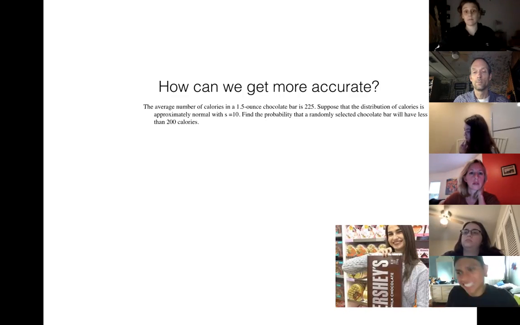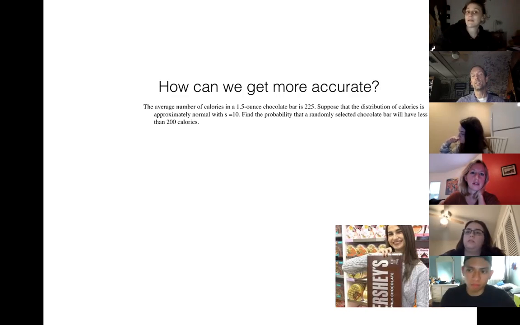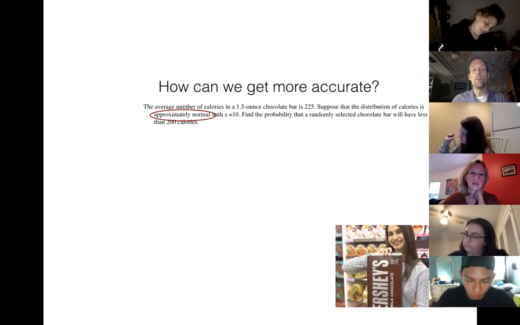Less than? Less than is really important, but it's not the most important thing. Anybody else have any ideas to help Roberto out? The fact that it's normal. Okay, excellent. So where they're saying approximately normal, that's critical.